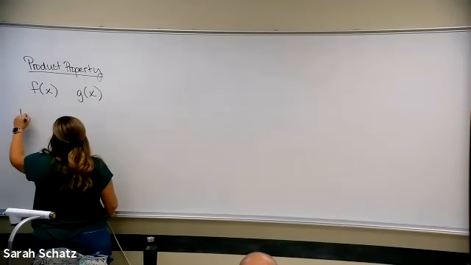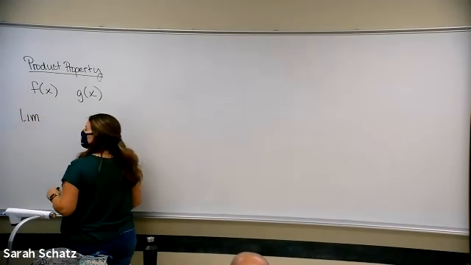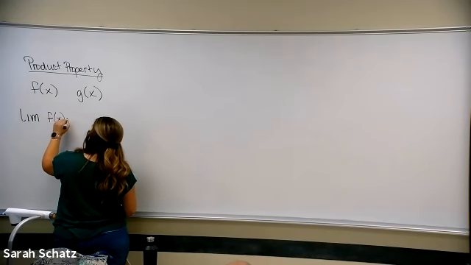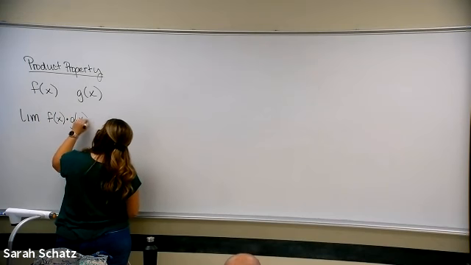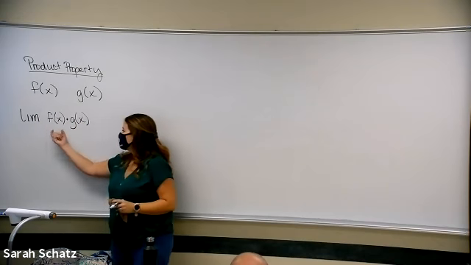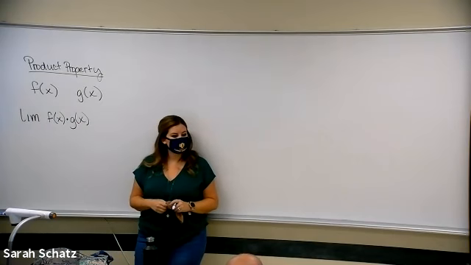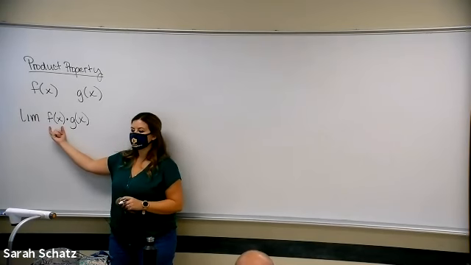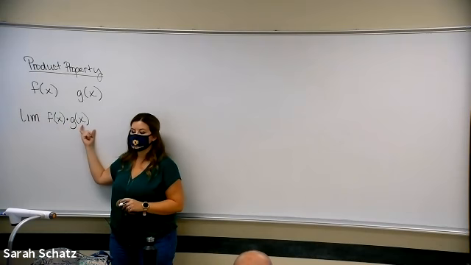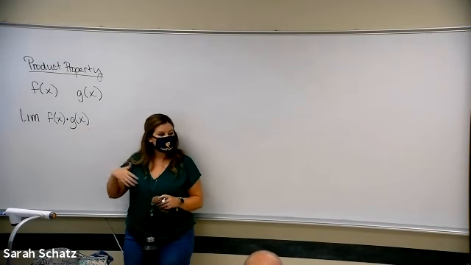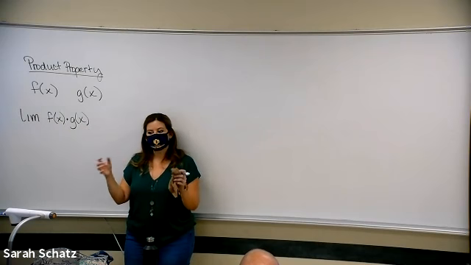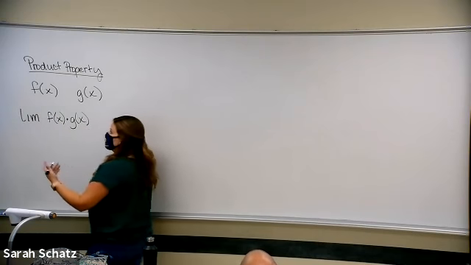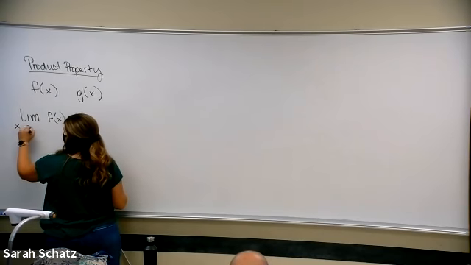I want to find the limit of f of x multiplied by g of x. So maybe it's a constant and an x multiplied together, like I mentioned before. Maybe it's a large polynomial function times another large polynomial function. It doesn't matter. It's two functions multiplied together. I want to find the limit as x approaches a.